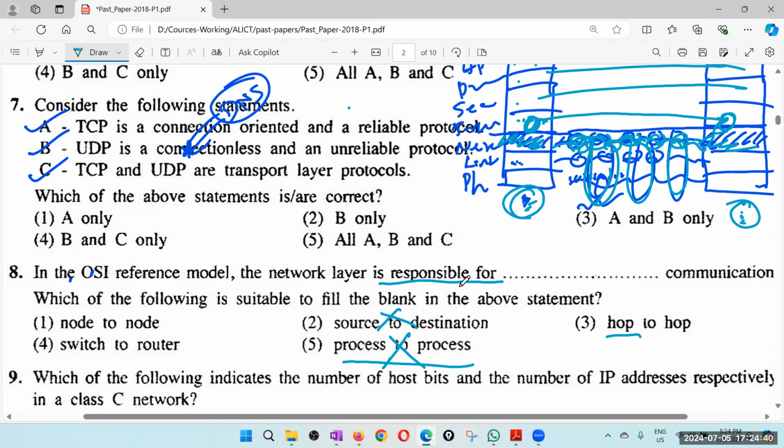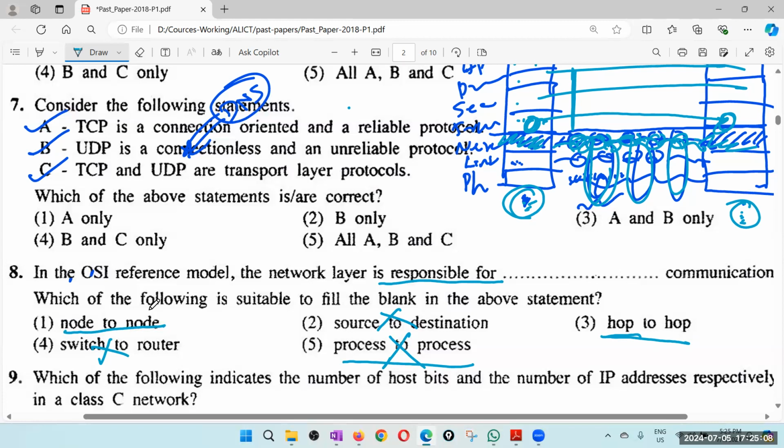Process to process means a client running program to a server. Those are upper layers. Then it says switch to router. A switch has no concern about the network layer because it's IP. Routers, yes. So I don't like the wording switch to router. Now, this is a little bit debatable wording: hop to hop, node to node.